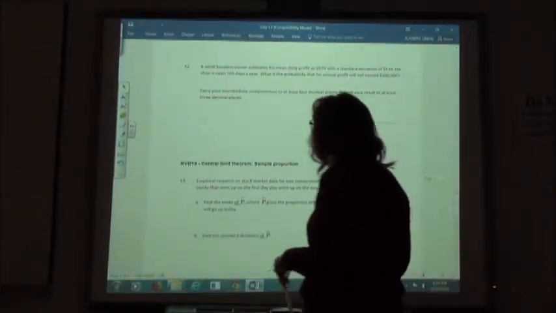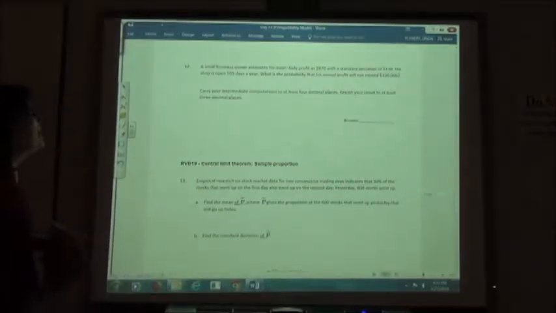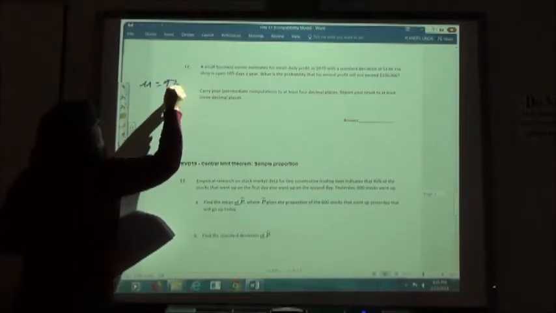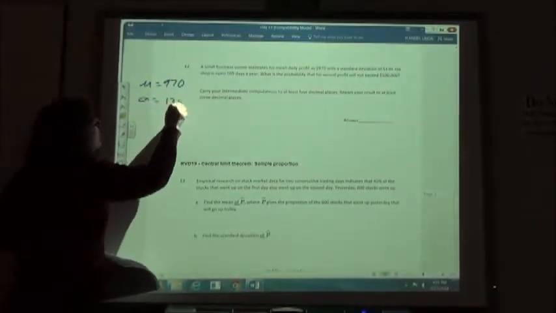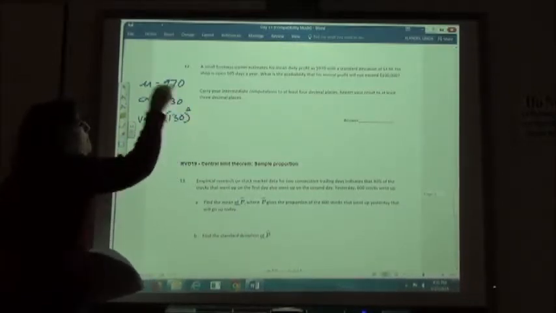A small business owner estimates his mean daily profit as $970. My mean is 970. My standard deviation is 130, which means my variance will be 130 squared.